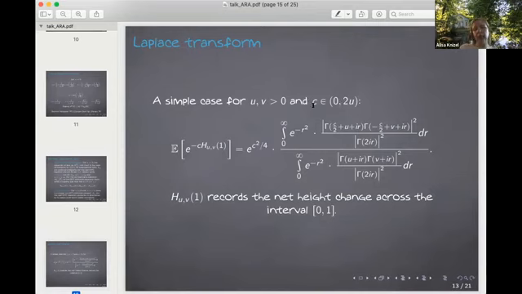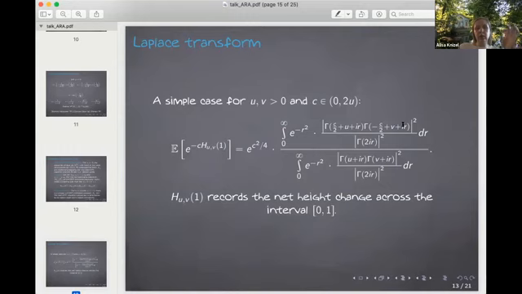So this parameter C here is assumed to be in this interval. Then the expectation of the following exponent can be written in terms of the ratio of two integrals which involve a bunch of gamma functions.